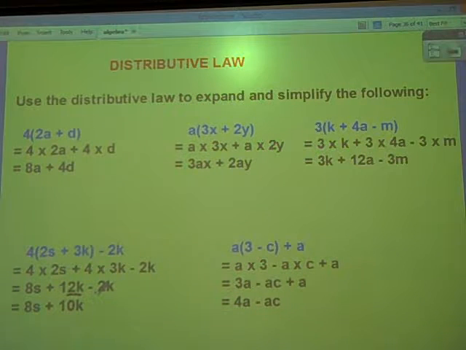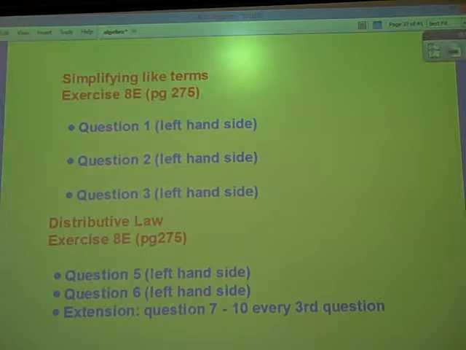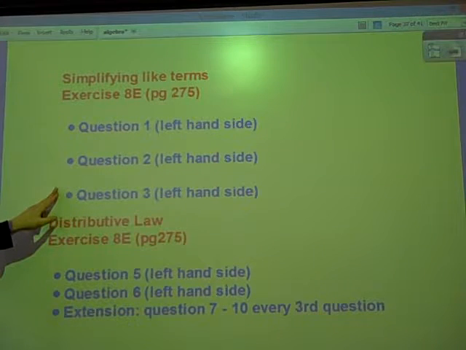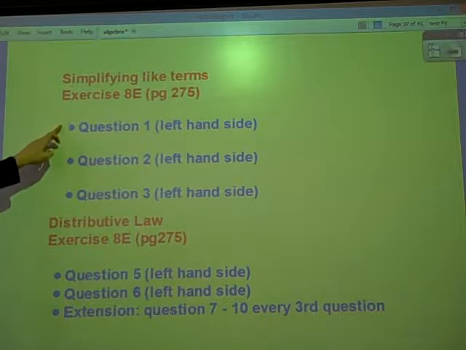Now you're going to go and do a couple of questions on the distributive law. If you didn't finish, or if you weren't here the other day, you need to know how to do simplifying like terms first. So this is what we began on Friday. Could I get you to have a look in your workbook first to see if you have completed all of that?